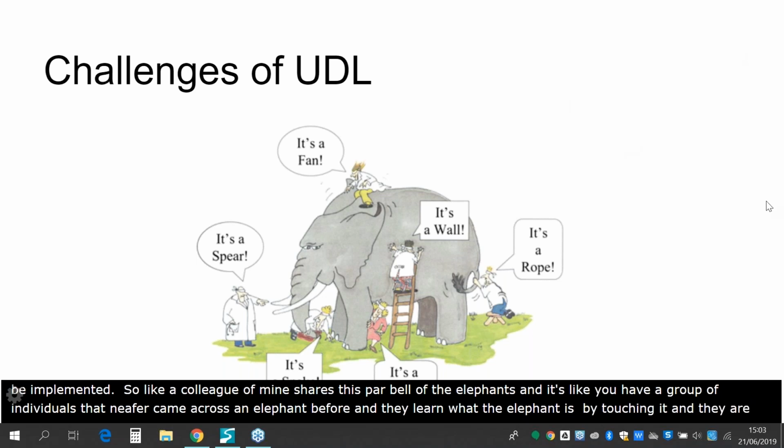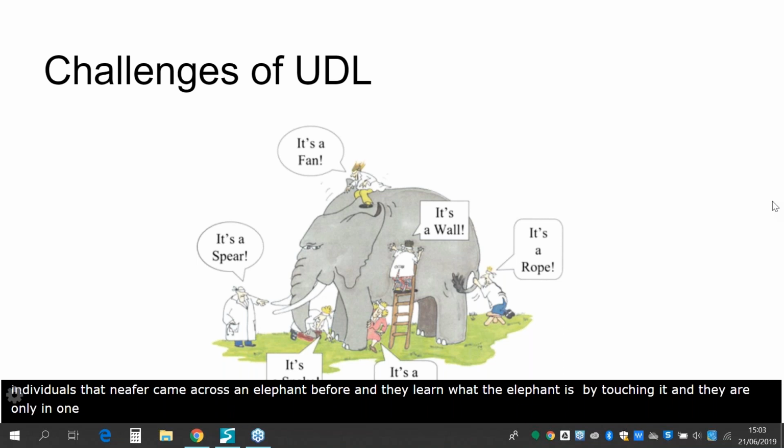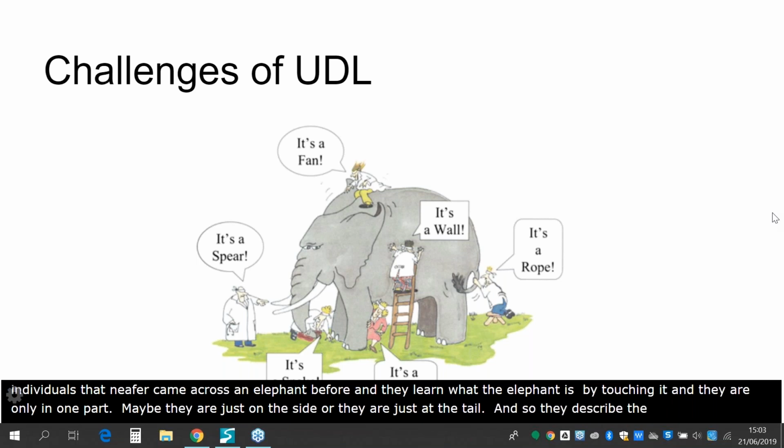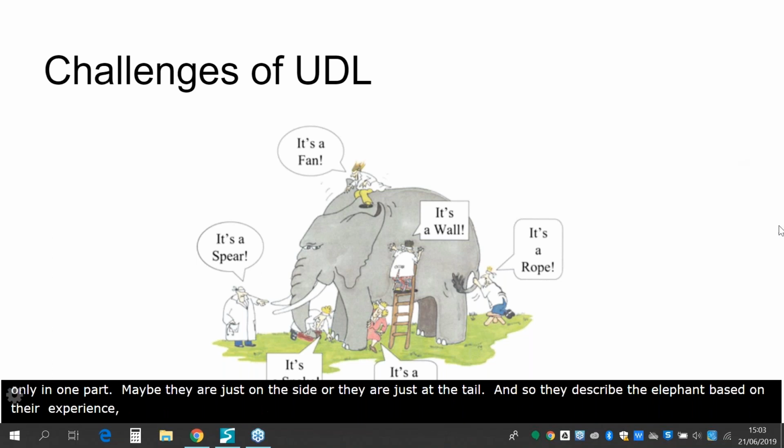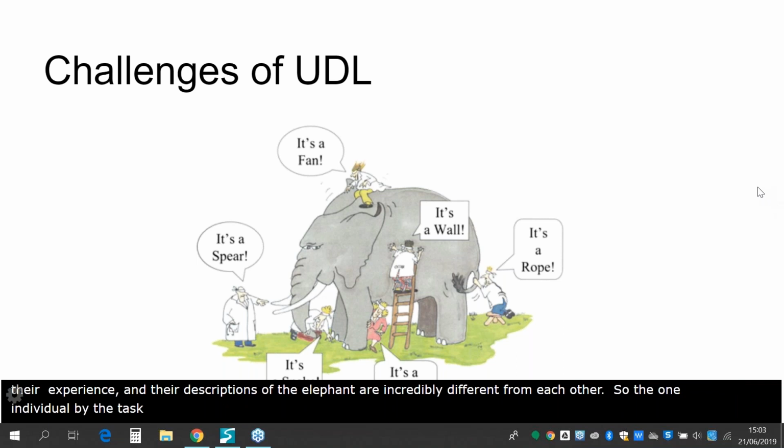Maybe they're just on the side, or just with the tusk, or just at the tail. They describe the elephant based on their experience, and their descriptions are incredibly different from each other. The one by the tusk says, this is like a spear. The one back by the tail says, oh my goodness, this is like a rope.